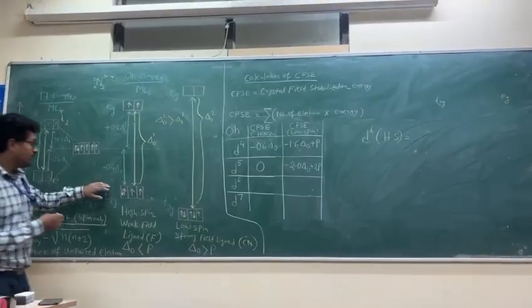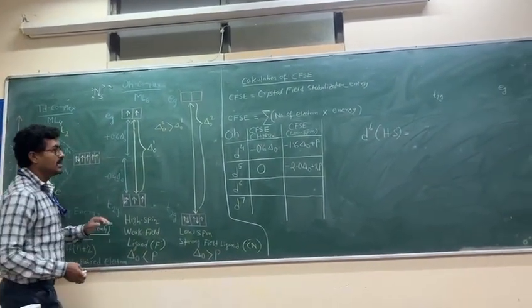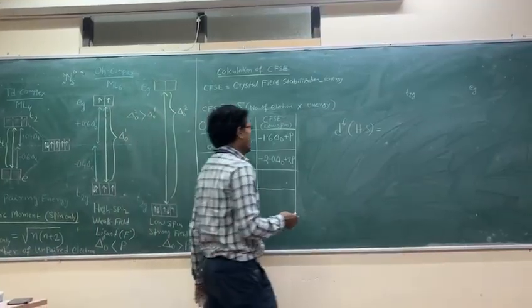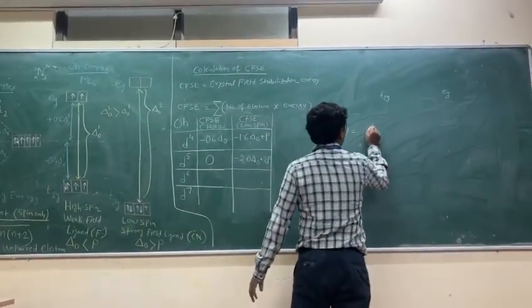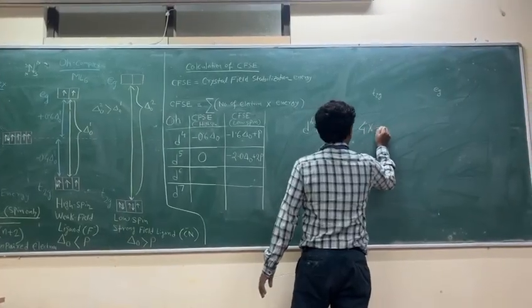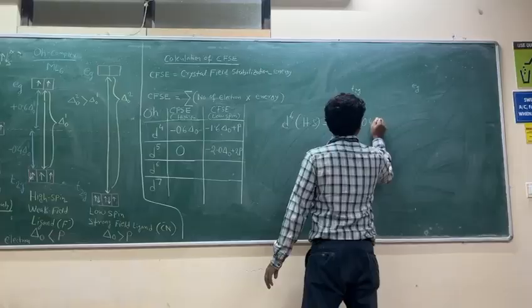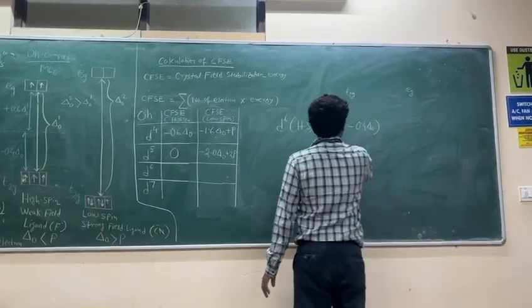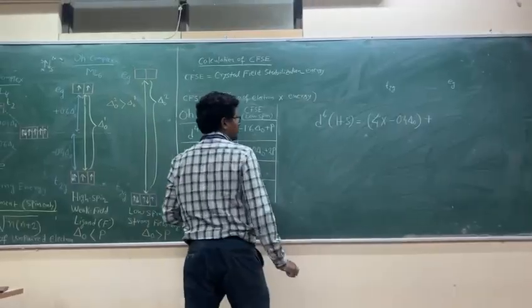So in case of D6, the crystal field separation energy, it will be T2G level, the number of electrons is 4. So 4 into minus 0.4 delta O, plus in EG level only 2 electrons.